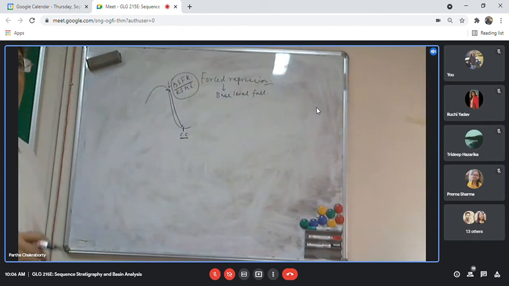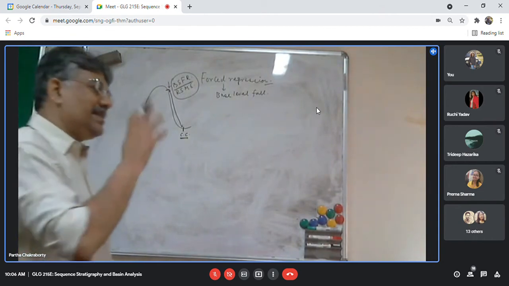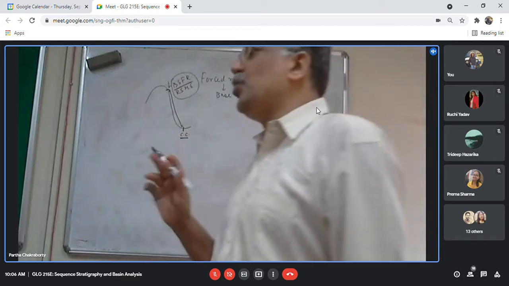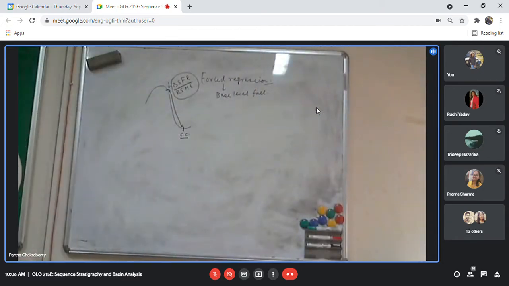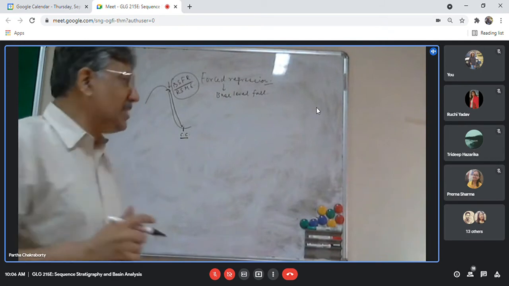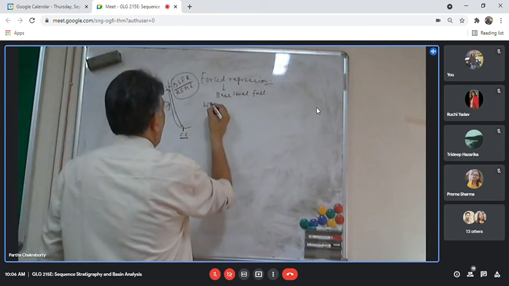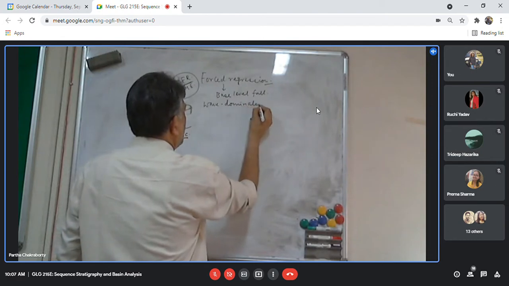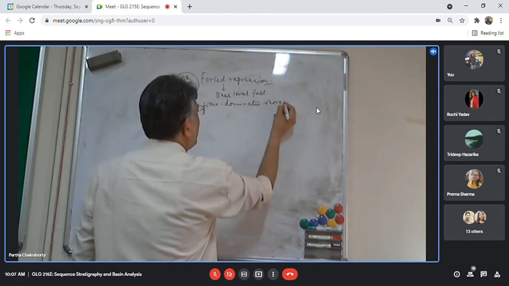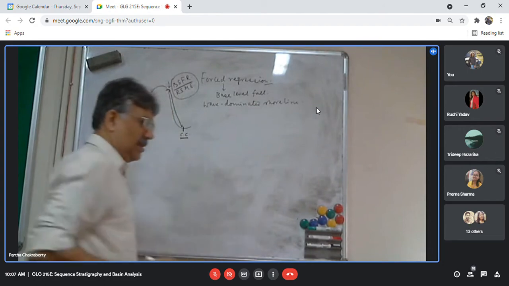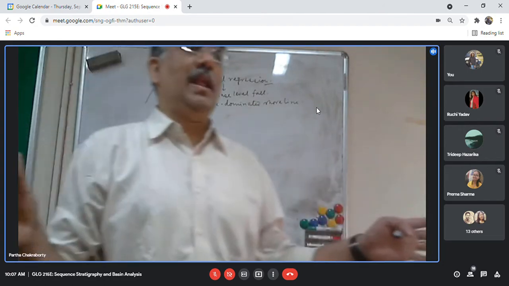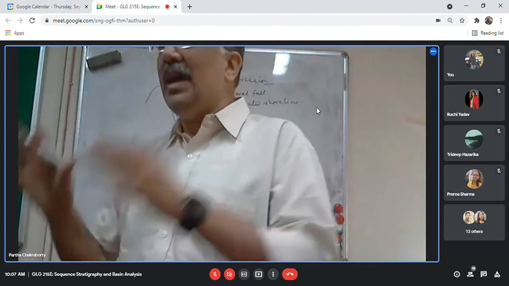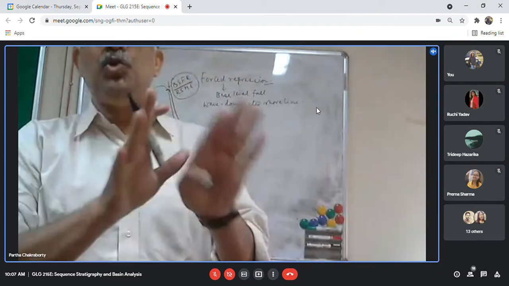Now, as I discussed for normal regression, there are two different kinds of setting. In one kind of setting, the shoreline is wave dominated, where no river system is coming. Wherever I discuss normal regression or forced regression, I am dividing the shoreline into two types.